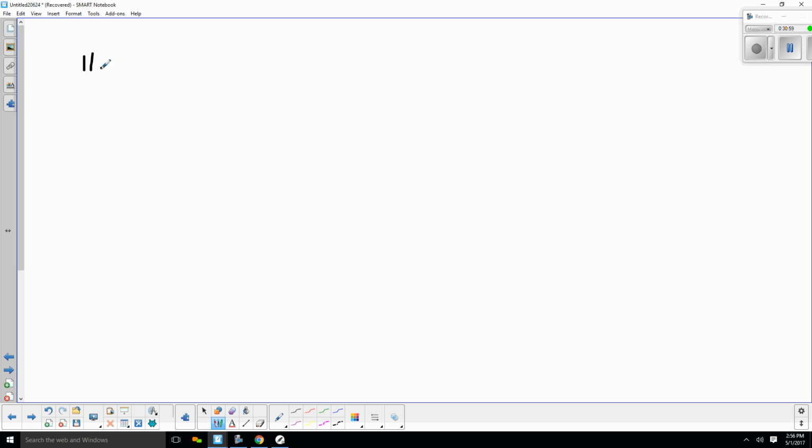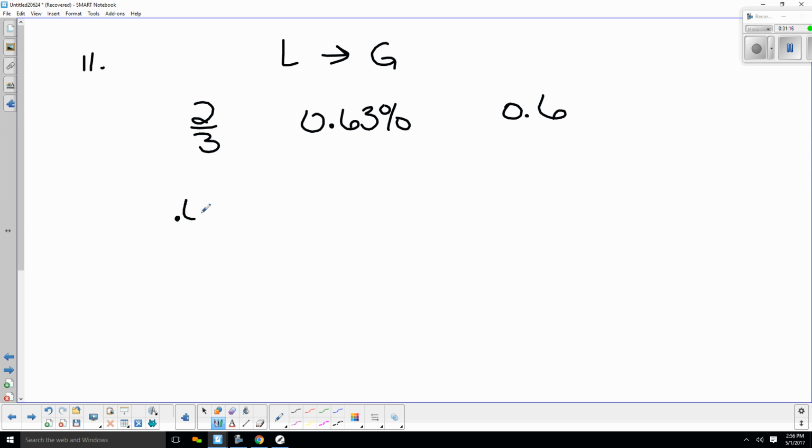Number 11, list the numbers in order from least to greatest. So I'm going to take these and put these in all decimal form. A. So when you divide 2/3, you're going to get 0.6 repeating. When you change this percent to a decimal, it's going to go 2 places to the left. And this is already a decimal, so I'm going to keep it that way.